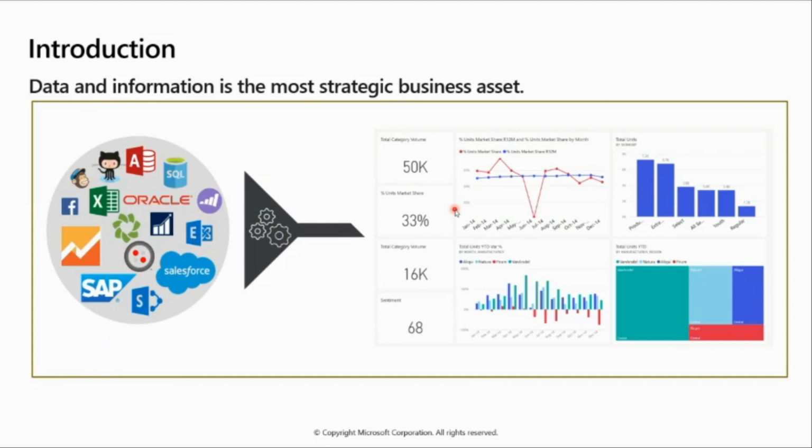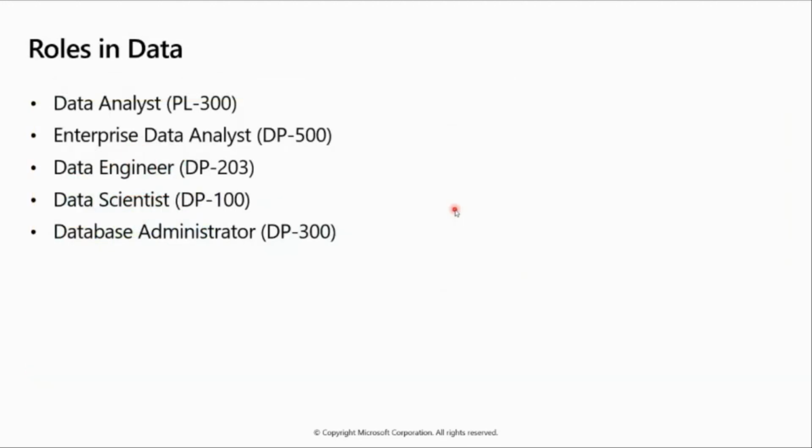So in a situation like that, in the world of data we also have different types of roles, right? And every role has its own significance, its own requirement, and its own implementation as well.